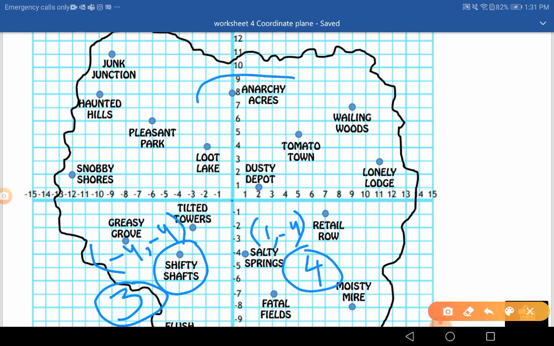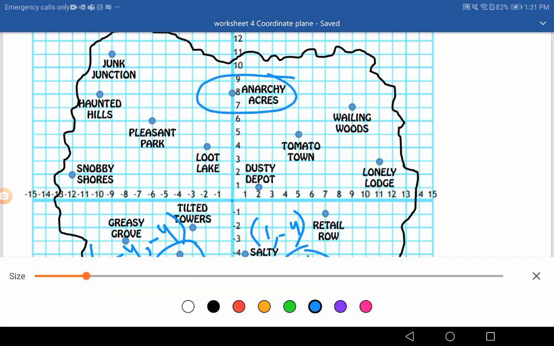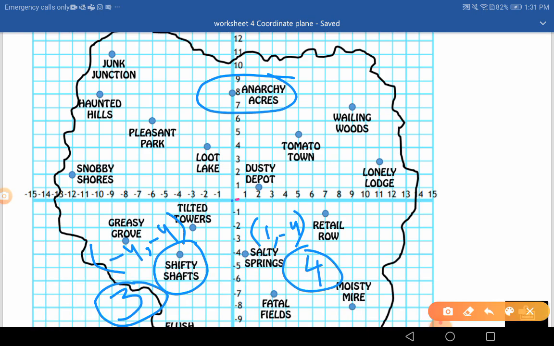What about this point? I ask myself, if I was here, did I move to the right or to the left? No, I didn't. I just moved up. So we write 0 since you didn't move to the right or left.